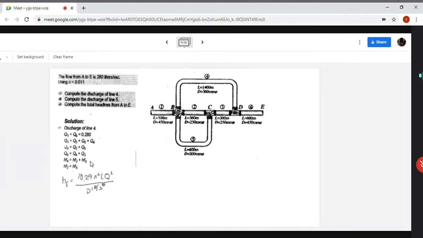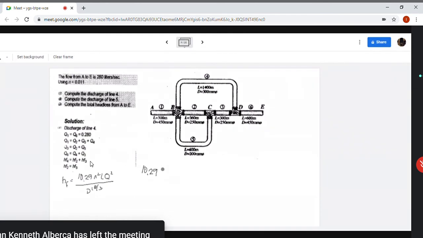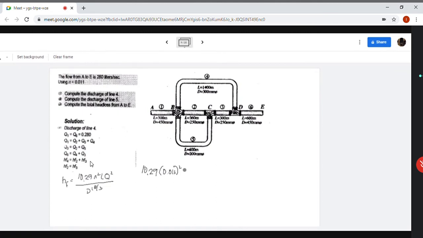So head loss 4 is equal to 10.29 times n squared L Q squared over 0.3 to the 16 over 3.